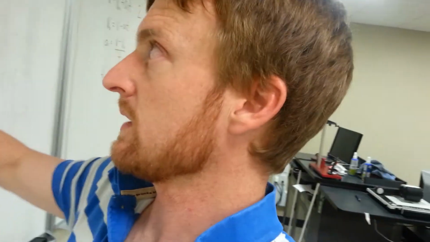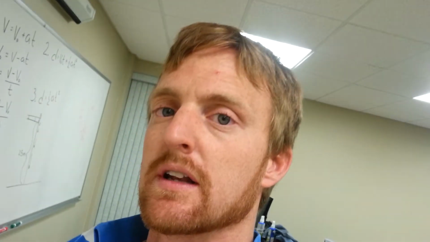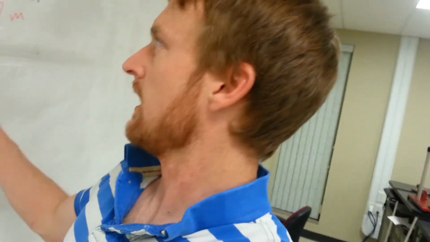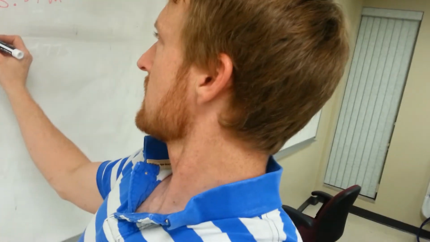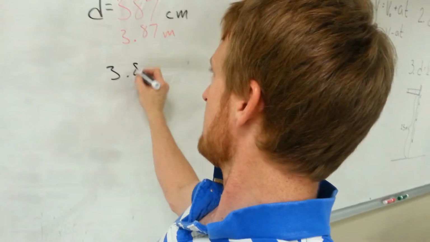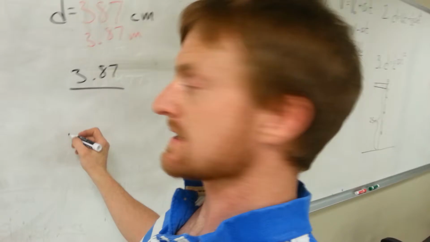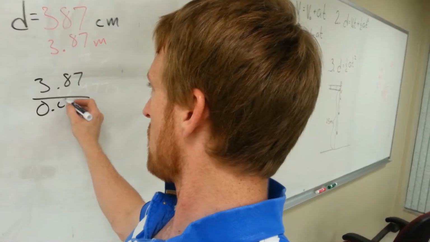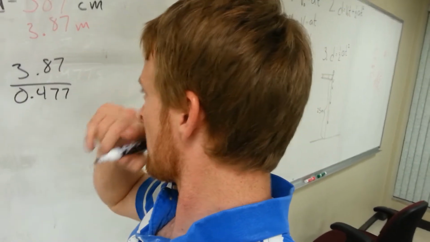Anyways, so now we have everything to calculate the initial velocity. The initial velocity of these apparatuses is generally 6 or 7 meters per second. We'll find out how accurate that is. So, we have our distance, 3.87, and we have our time, 0.477.